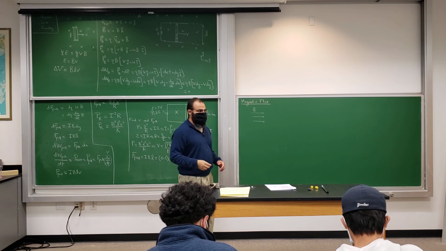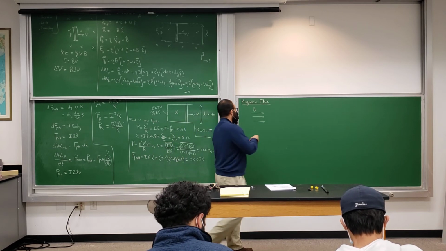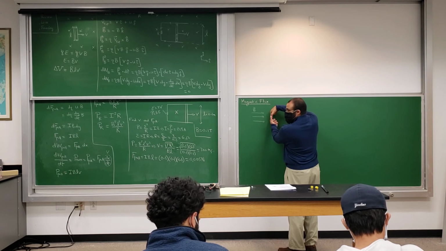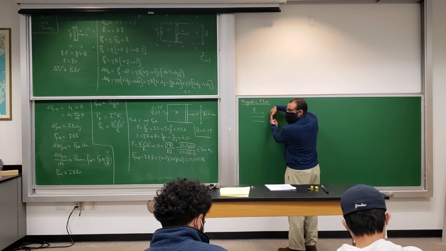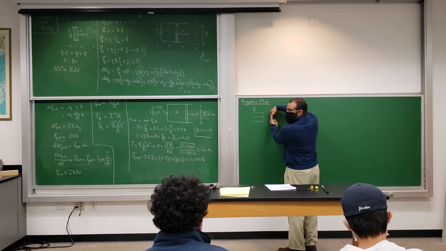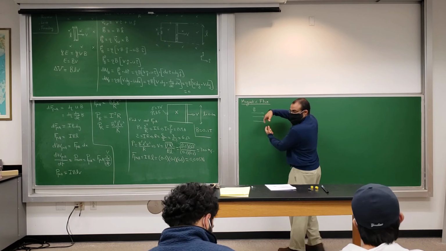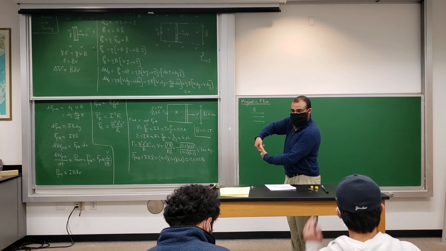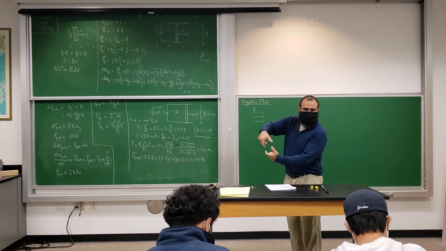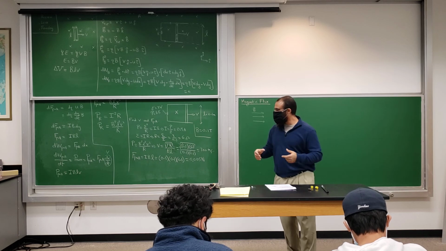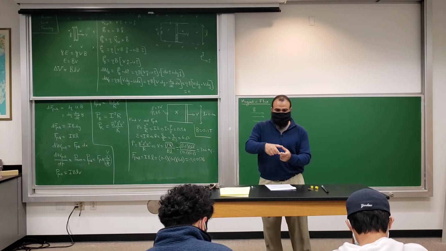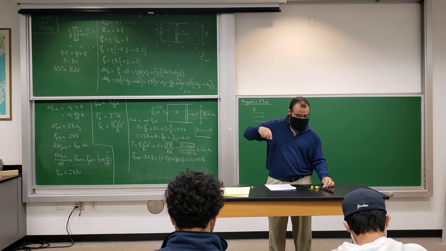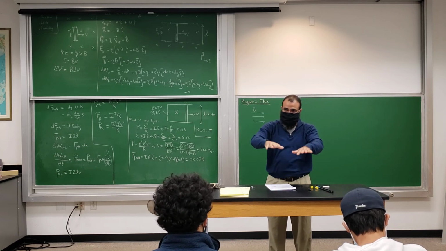I have a loop, and it has an area A. Is this the optimal way for the magnetic field to go through it, or not? The magnetic field wants to go this way, and my loop is facing it. Let's say the magnetic field is coming down from the ceiling, so the magnetic field is downward.